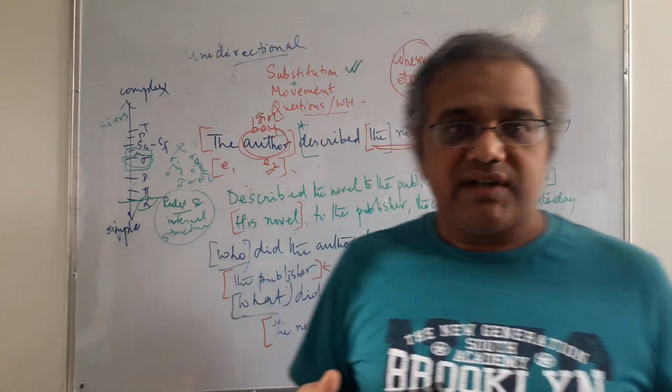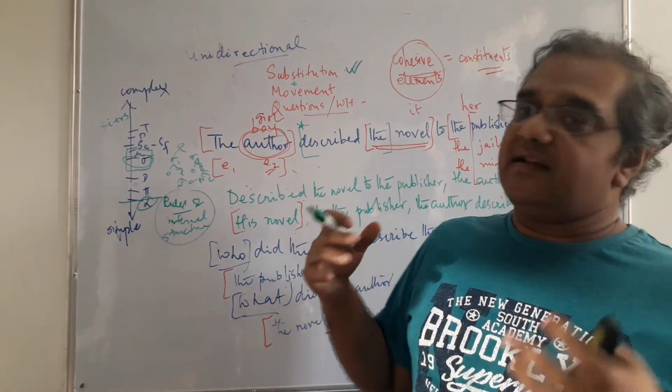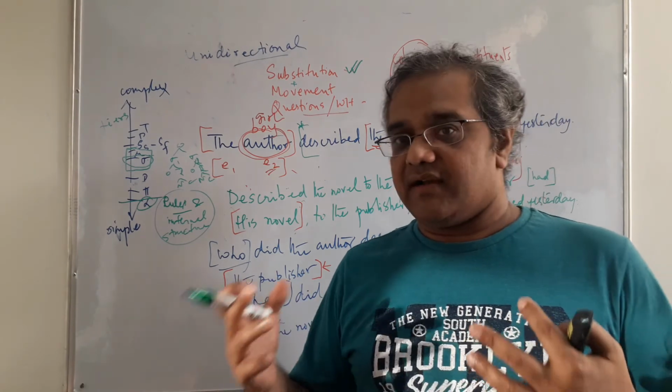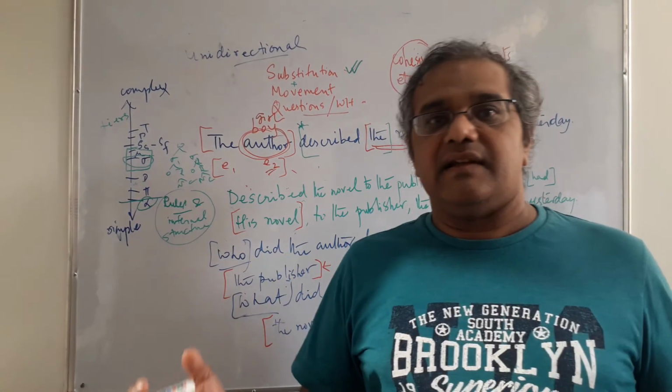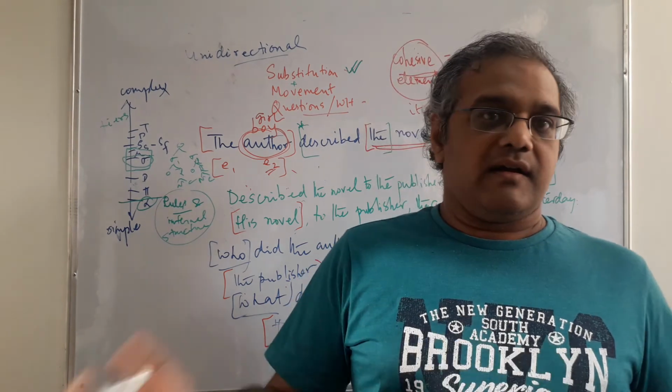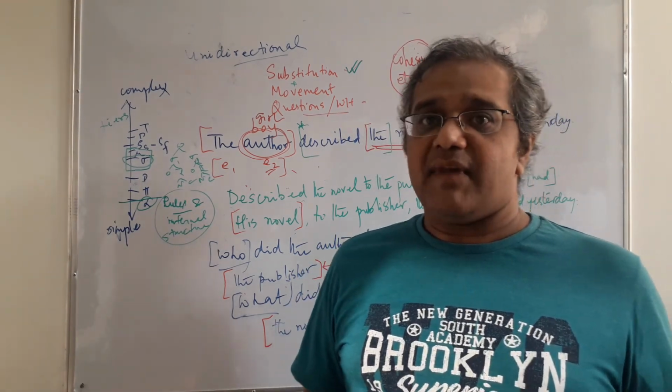And this is not unique to the English language. This is there in every language. It is there in Bengali, Punjabi, Japanese, Tulu, Swahili, and any other language for that matter.